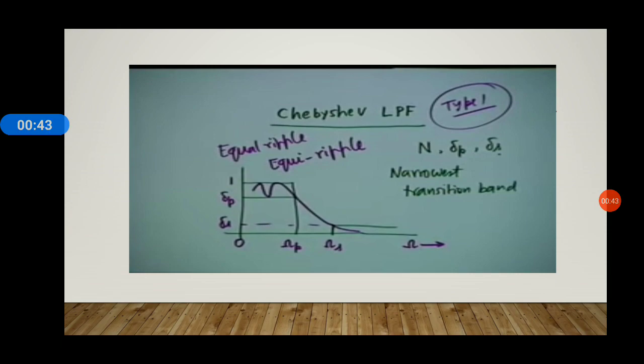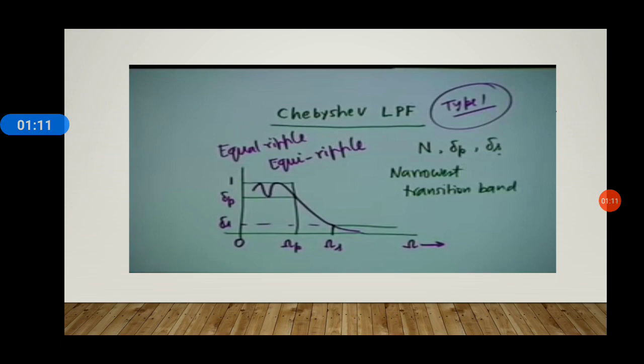As compared to Butterworth filter, we see that there are ripples, that is, we have equal amount of the ripples, and the graph characteristics is not monotonic. It has ripples, that is, it goes from maximum to minimum with equal altitude of maximum and equal altitude of minimum.